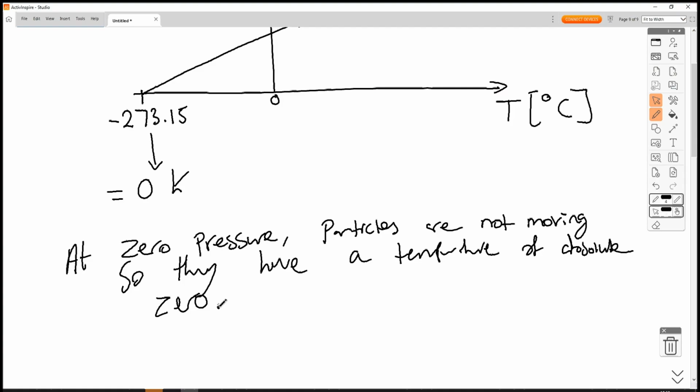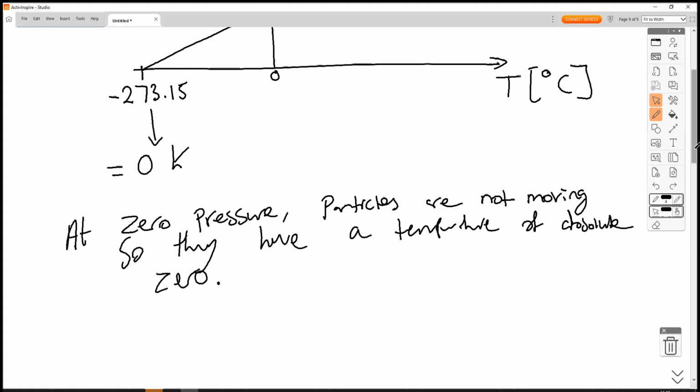Now at this point, they also occupy a negligible volume because they stop moving. And that is the end of part 1 of 6.2.2.